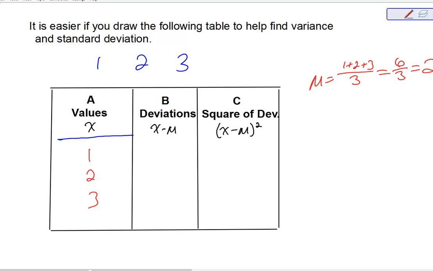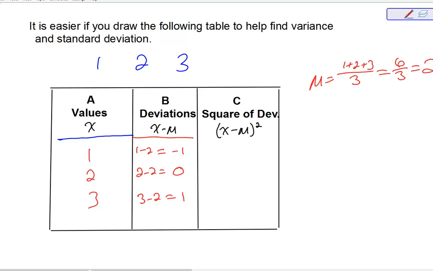So my mean is 2. Okay? So that was my first step. My second step was to take each data point and subtract the mean from it. So I'm going to take 1 minus 2, which gives me a negative 1. 2 minus 2, which is 0. 3 minus 2, which is 1. So that was step 2.